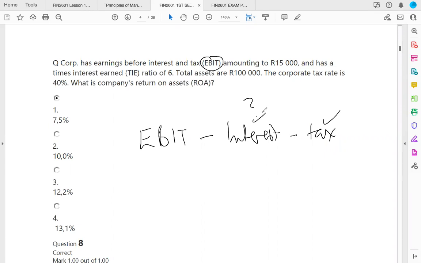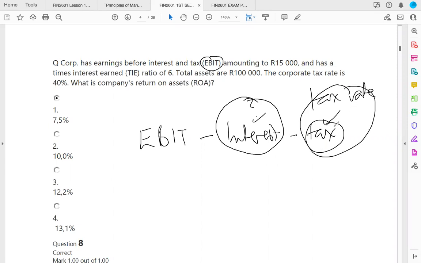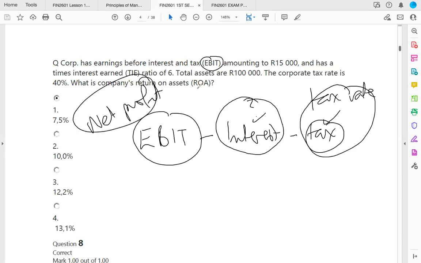We don't have the interest expense. We don't have the tax expense, but we've been given the tax rate. So what do we need to do here? We need to calculate our interest expense, and then we also need to calculate our tax expense. Then we need to subtract those two from the EBIT. That will give us the net profit. Then we can substitute the net profit into the formula for return on assets. So let's see if we can do that.